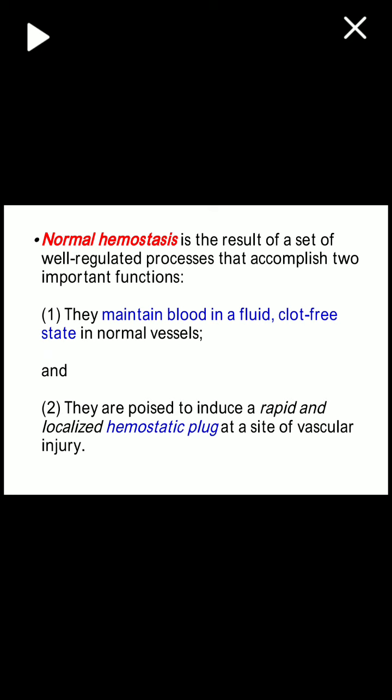And second, they are poised to induce a rapid and localized hemostatic plug at a site of vascular injury. That means whenever there is a vascular injury, immediately a blood clot should form, causing stoppage of the bleeding. This is the main function of normal hemostasis.